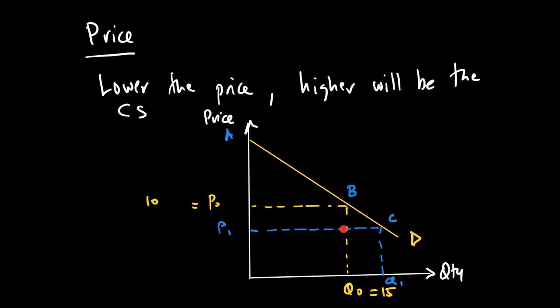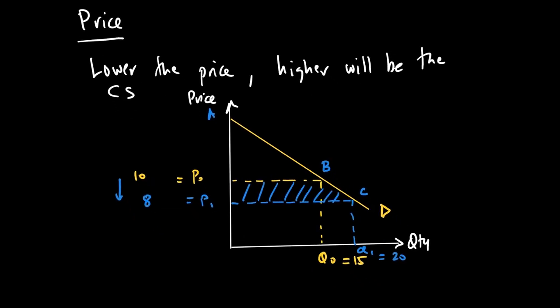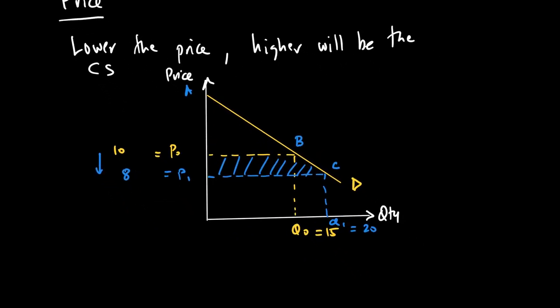This triangle will be ACP1, which means consumer surplus will go up by this region. So the rise of consumer surplus, let's say the price goes to 8 and the quantity goes to, let's say, 20. So the rising consumer surplus will be this trapezium. Changing consumer surplus or rising consumer surplus will be this trapezium P naught B C P1.